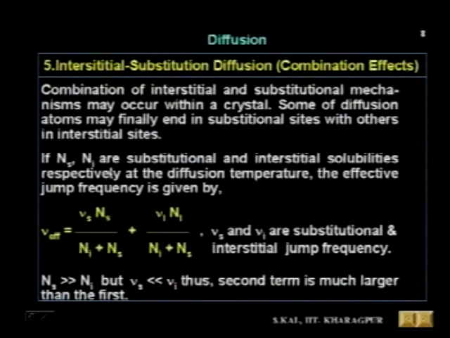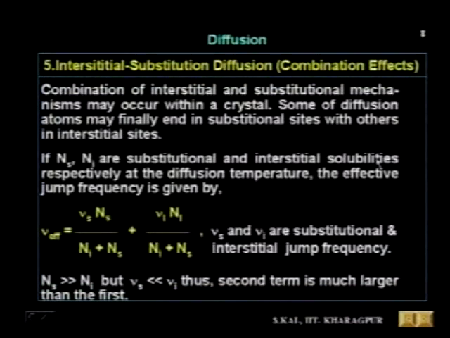If Ns and Ni are the substitutional and interstitial solubilities respectively at the diffusion temperature, the effective jump frequency is given by nu effective, which is nu S times Ns by (Ni plus Ns) plus nu I times Ni by (Ni plus Ns), where nu S and nu I are the substitutional and interstitial jump frequencies, and Ns and Ni are the substitutional and interstitial solubilities.